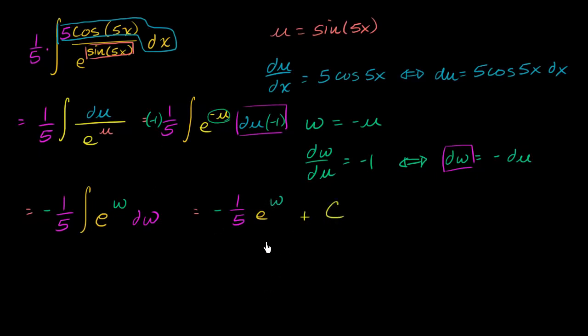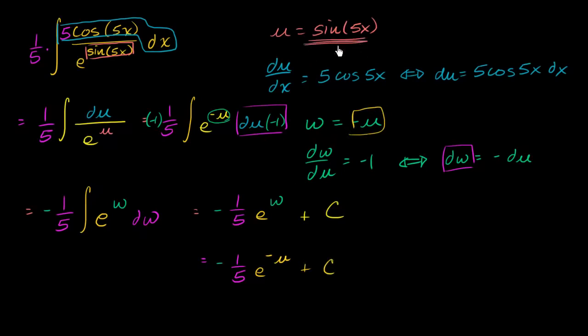And now we just have to do all of our unsubstituting. So we know that w is equal to negative u, so we could write that. So this is equal to negative 1/5, I want to stay true to my colors, negative 1/5 e to the negative u, that's what w is equal to, plus c, but we're still not done unsubstituting. We know that u is equal to sine of 5x.